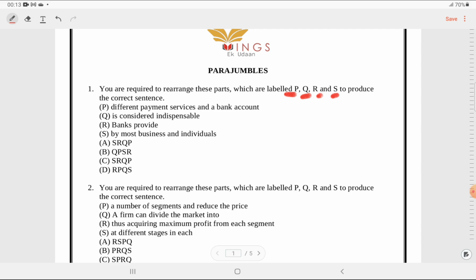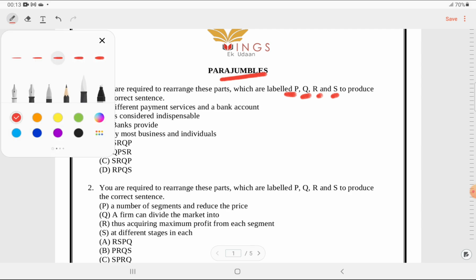We have been given sentences in the form of P, Q, R, S. They are all jumbled up. What are jumbles? It means they are not following the proper sequence. We have to look for the pair which gives the correct sequence. So let's start.